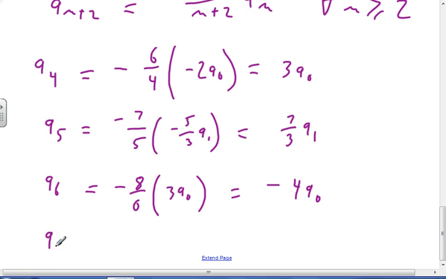We'll go to a7. a7 is equal to minus 9 over 7 times minus 7 over 3, which is going to be positive 3a1. Positive 3a1. This is minus. That's positive.